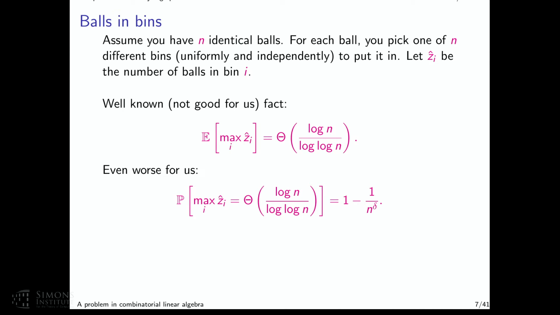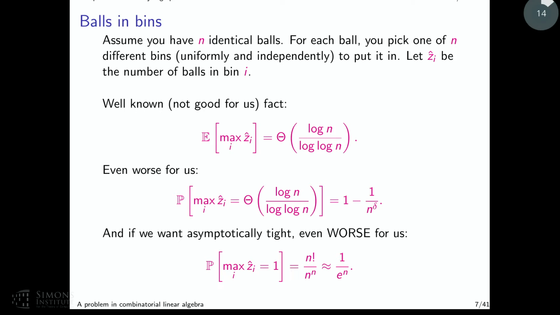Even worse for us, the probability that you are close to this thing is very close to 1. So there's not really anything that's going to be able to drag us down. And if we were trying to get something that was asymptotically tight for this problem, we're in much bigger problems, because the probability that you actually get 1 is something that's exponentially small.